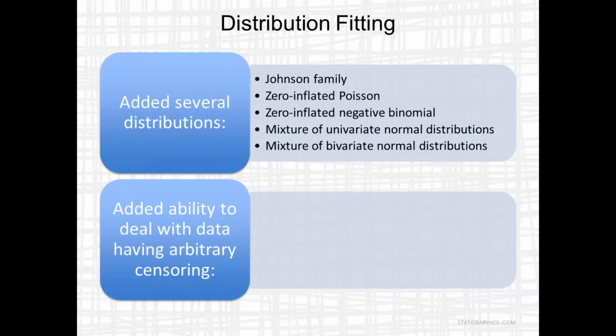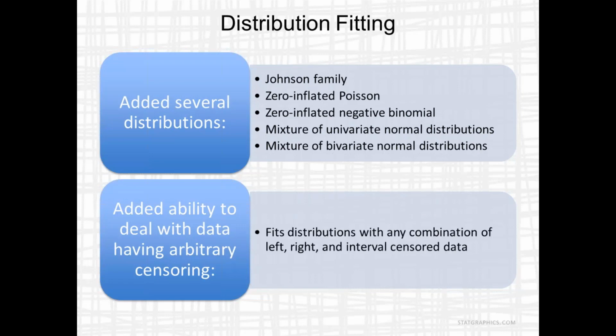Those distributions put in an additional term to allow the number of zeros to be greater than you would expect, given the rest of the distribution. We've also added the ability to fit mixtures of normal distributions. That's typically for data with more than one mode, and I'll show you a couple examples in a minute.